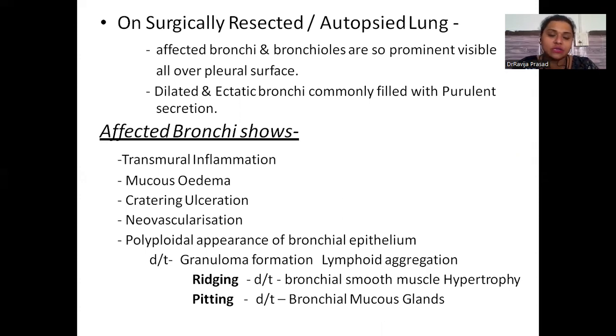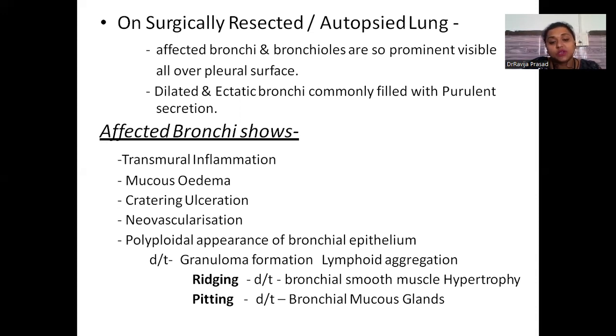Affected bronchi show transmural inflammation, mucosal edema, ulceration, neovascularization, and polypoid appearance. These are the changes you can find in the bronchial section.